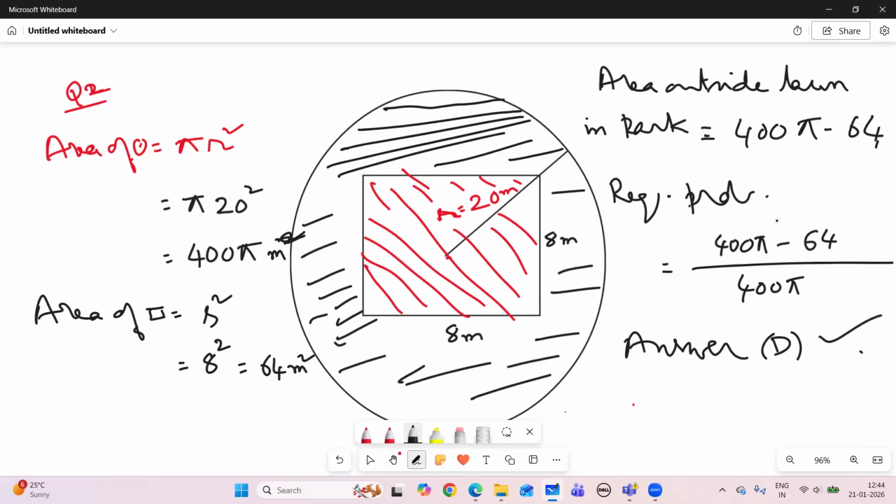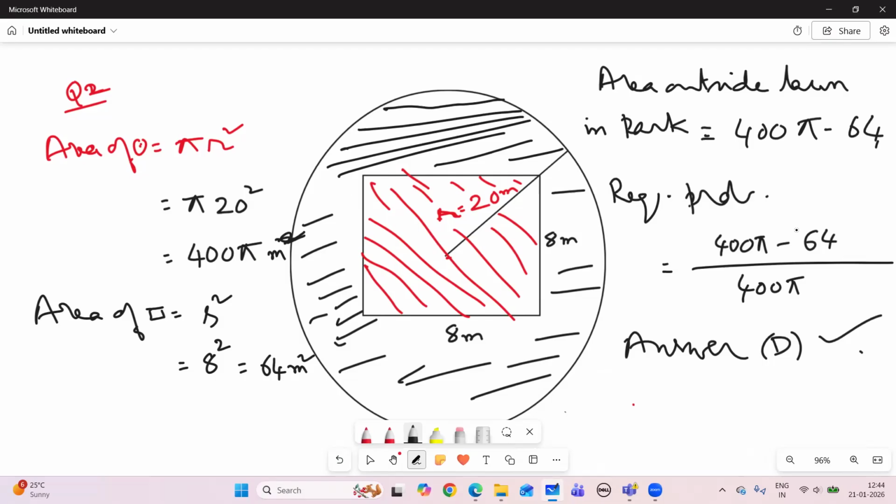For this probability, this is the number of favorable events, and this is the number of events in the sample space. That gives you the probability. Here we are finding the probability that he grows his sapling outside the square in the park.